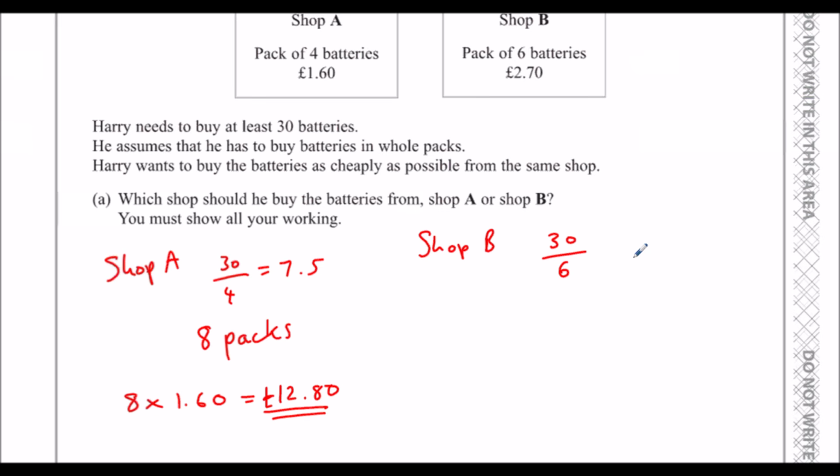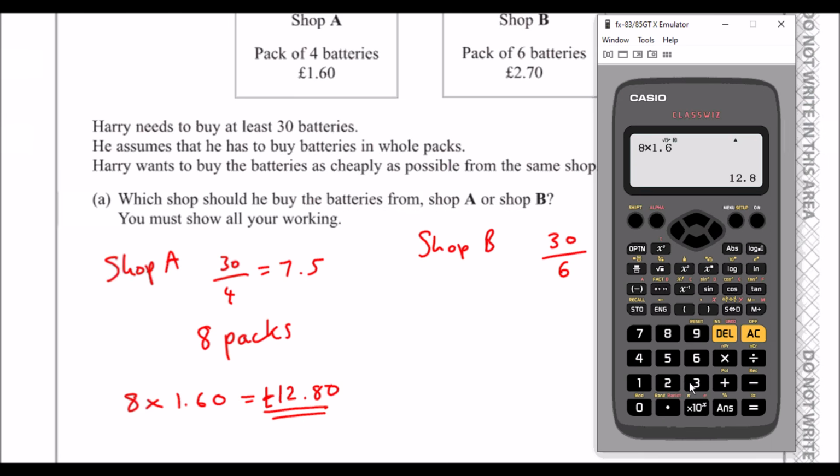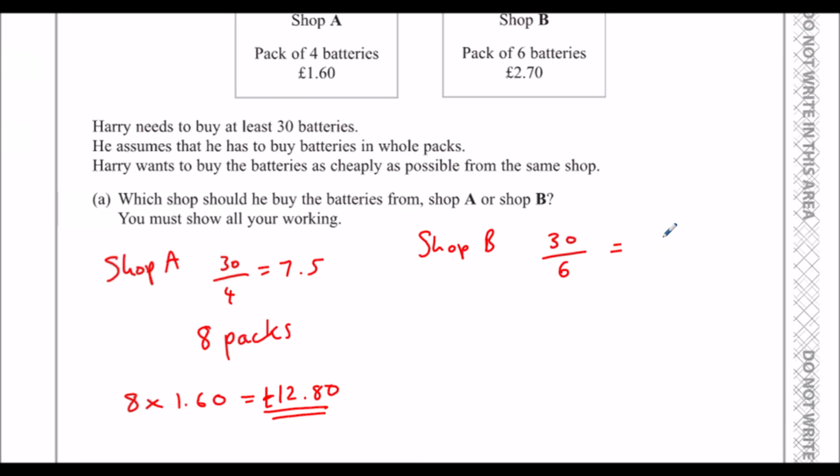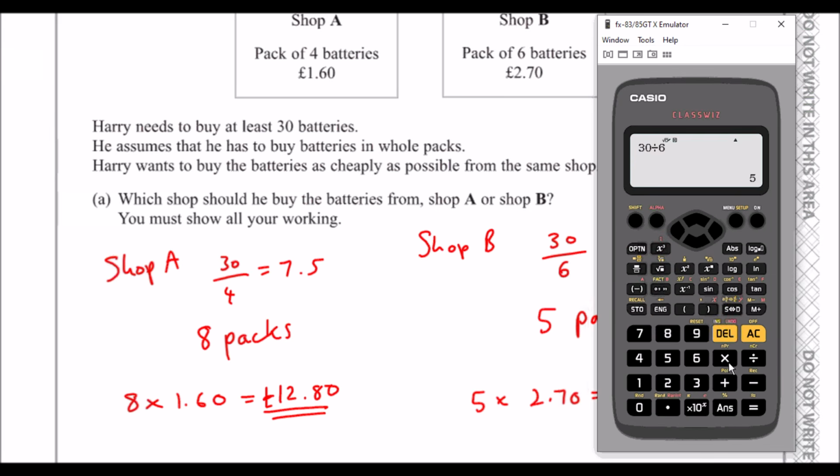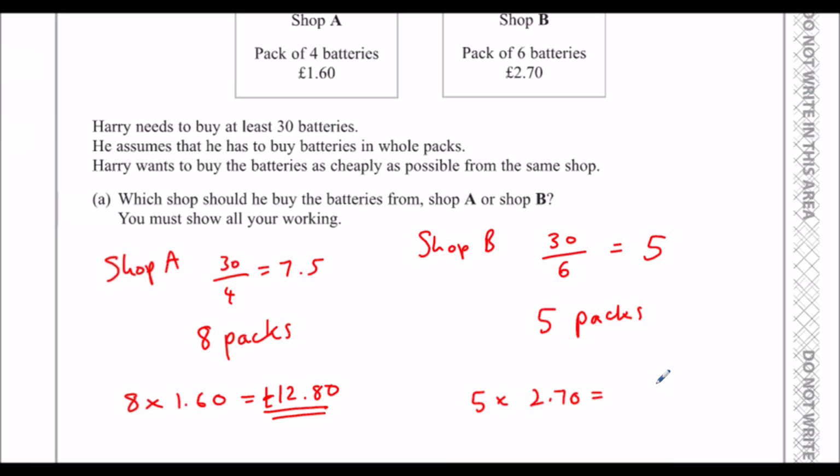So 6 in a pack. How many packs? 30 over 6 is 5. So he needs exactly 5 packs from shop B. So 5 packs, £2.70 per pack. So 5 times £2.70 is 13.5, or £13.50.